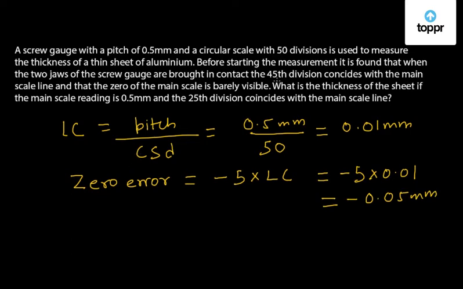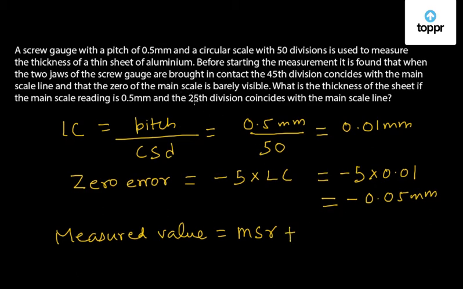Now let us find the thickness of the sheet, that is the final measured value. So the measured value will be equal to the main scale reading, let us write it as MSR, plus the circular scale reading.